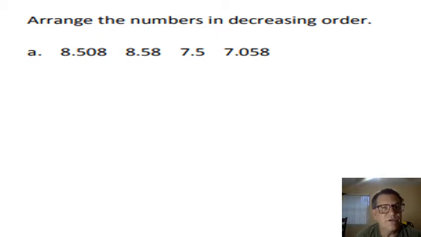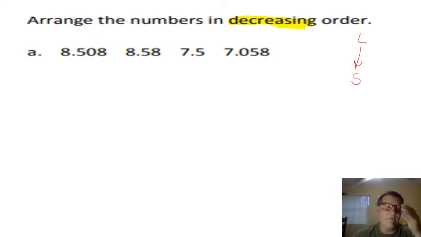It's a good idea to read this, and you know that this is the key word right here, decreasing. Decreasing means it's going to get smaller. So I'm going from large to small.